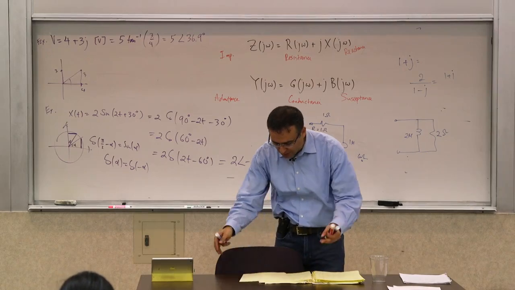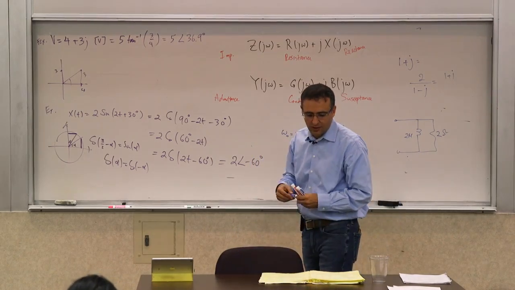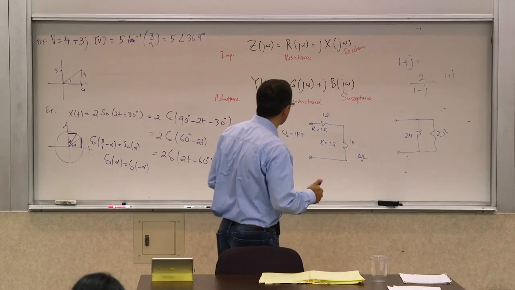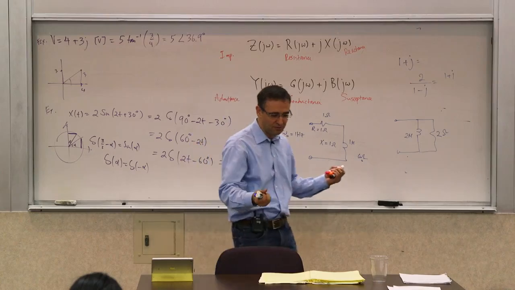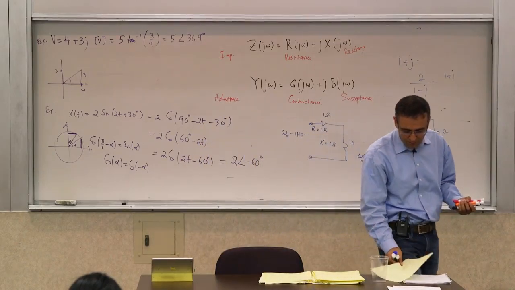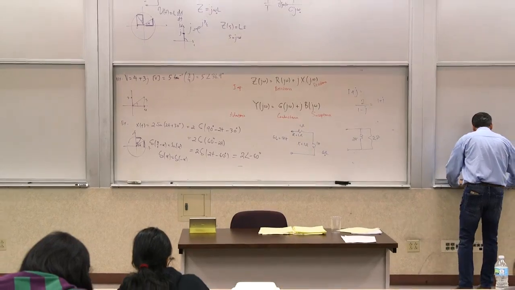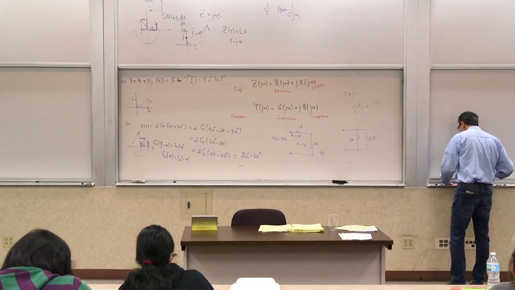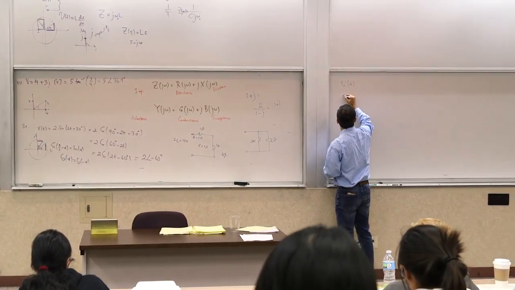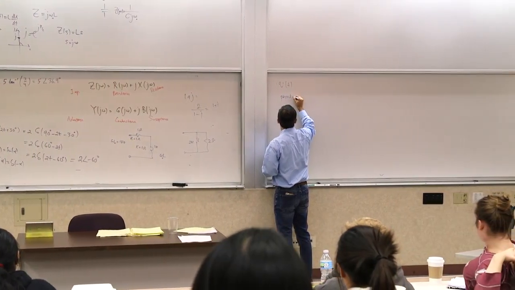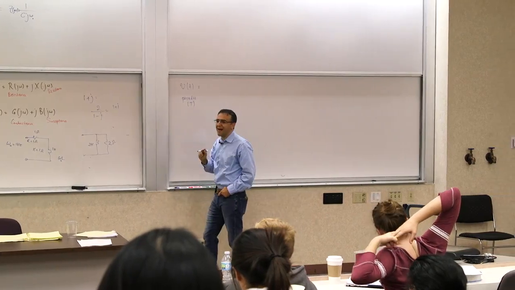Now, when you're dealing with AC systems, there are a couple of calculations that are important. You want to calculate the average of an AC system or power and things of that sort. So we'll spend a little bit of time talking about that briefly. Again, there's nothing very profound about them, but I will just do it. If you have a signal that's periodic with a period of T, how can you calculate its average?